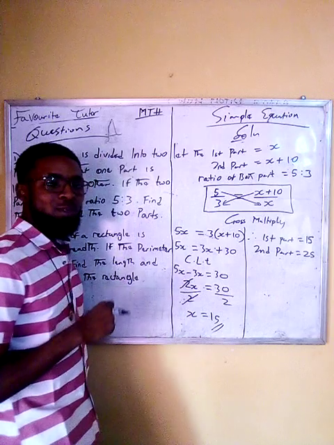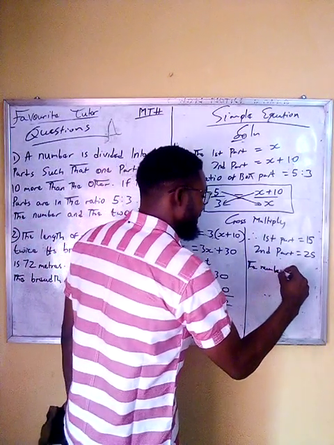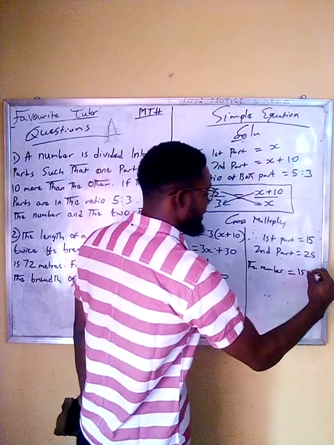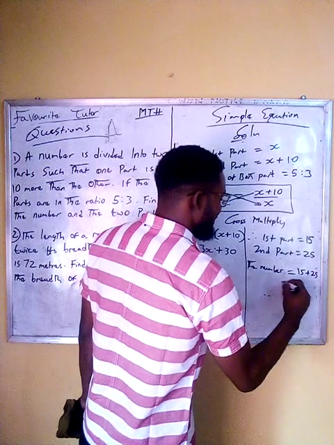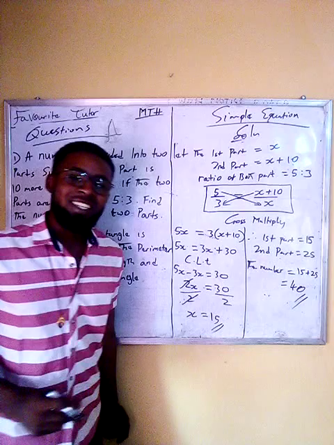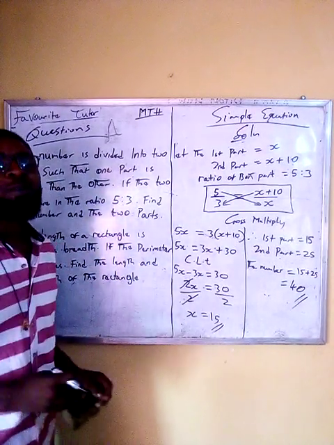And the number that was divided into two parts will be equal to 15 plus 25, which is 40. Ladies and gentlemen, this is the answer to the word question.